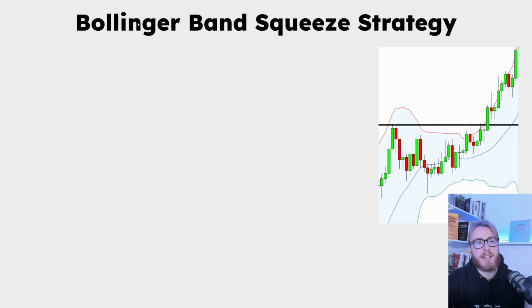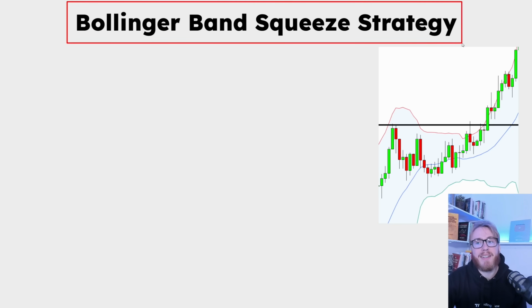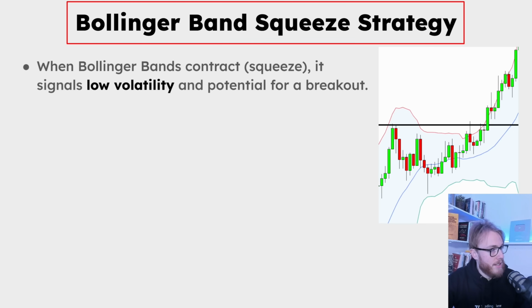And this one is called the Bollinger Band Squeeze strategy. And what is this strategy? Well, the principle here is that when Bollinger Bands contract, or another word for this is squeeze, it signals low volatility, but also a potential for a breakout.